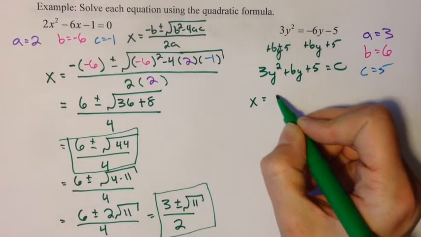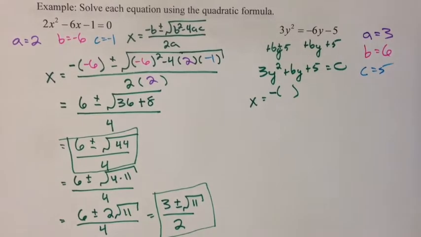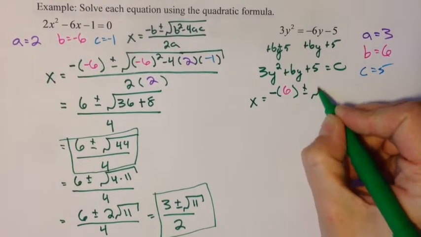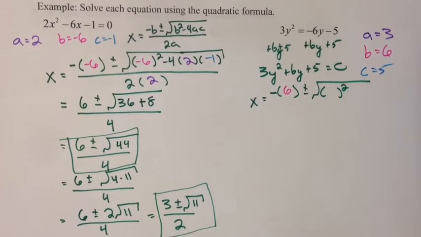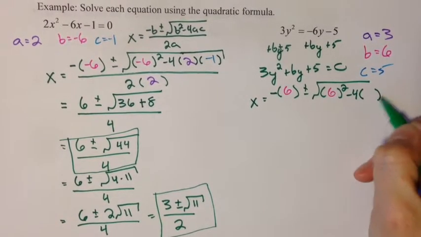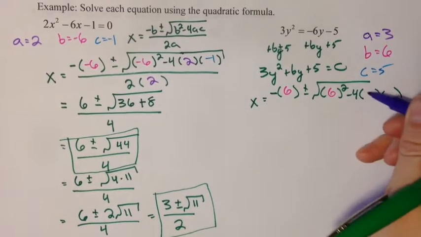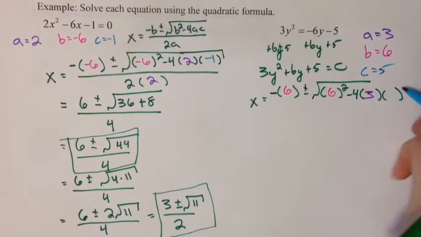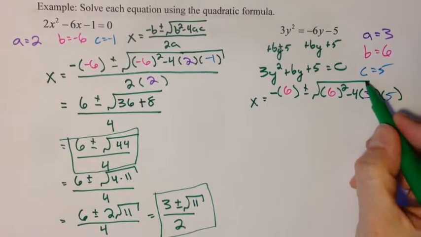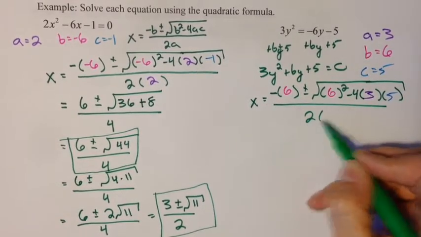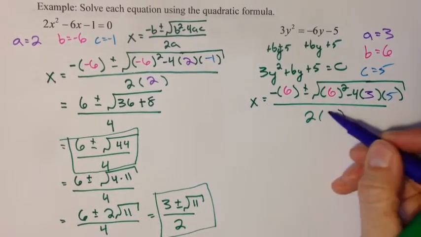So x equals negative b plus or minus the square root of b squared minus 4 times a times c, all over 2a.